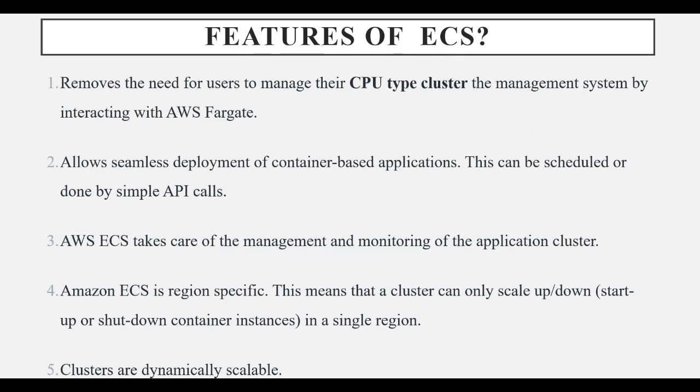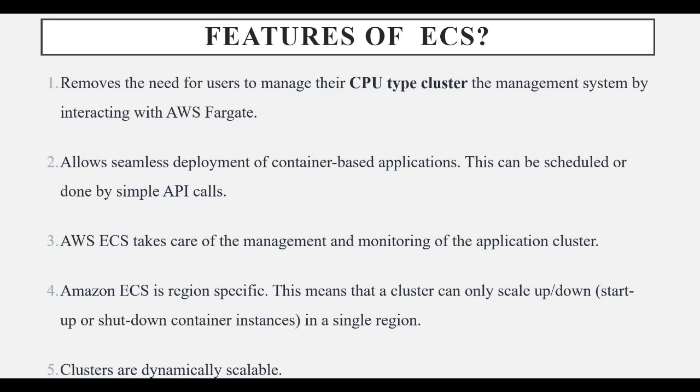The next is features of ECS. It removes the need for users to manage their cluster management system by interacting with AWS Fargate, and it allows seamless deployment of container-based applications.